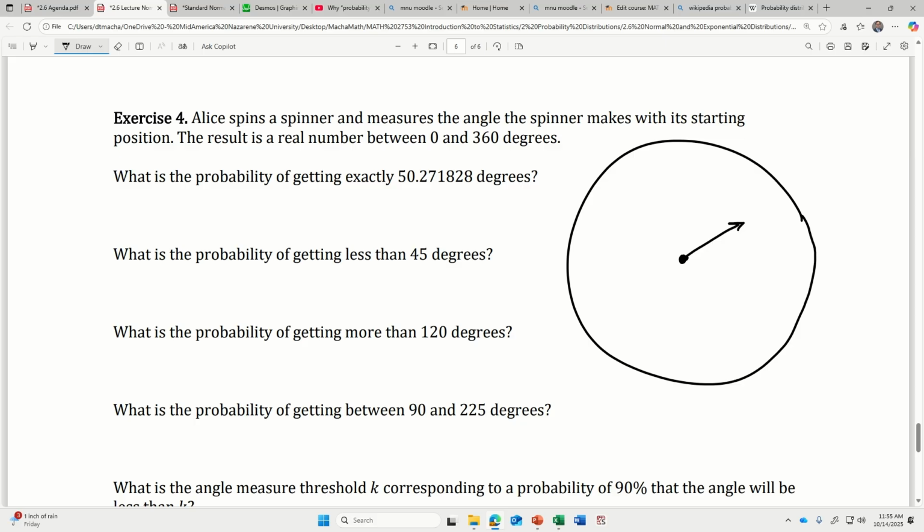And you're going to look and see, where is it pointing? What's the angle measure from where it started? That would be kind of a silly example of a continuous uniform distribution.